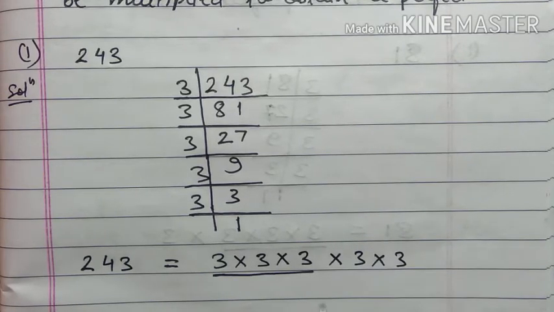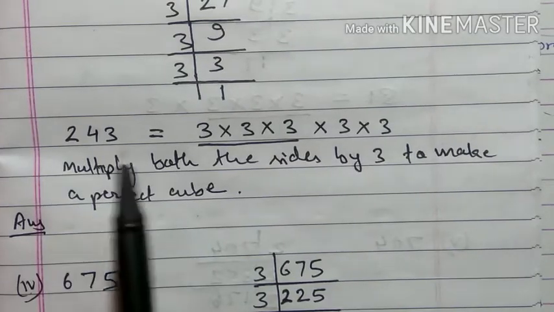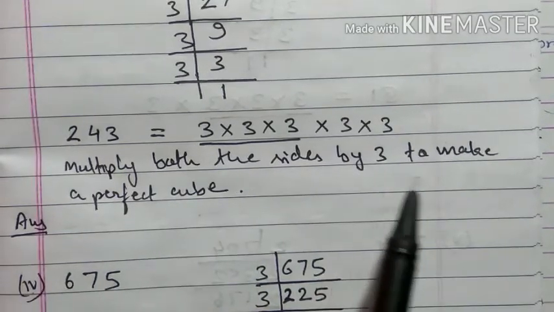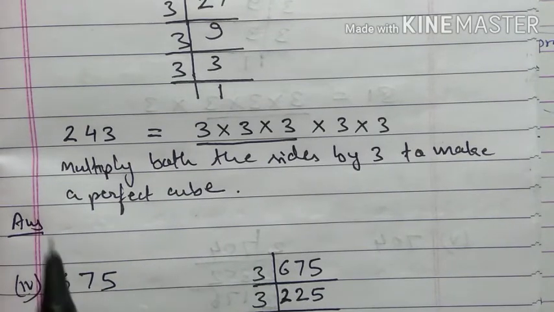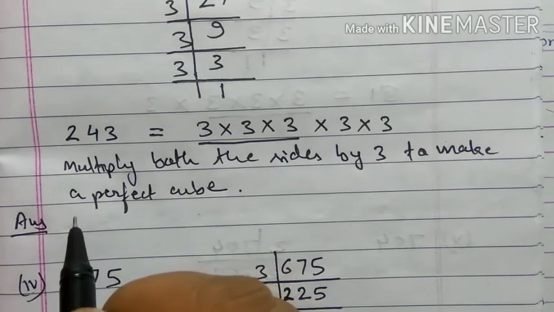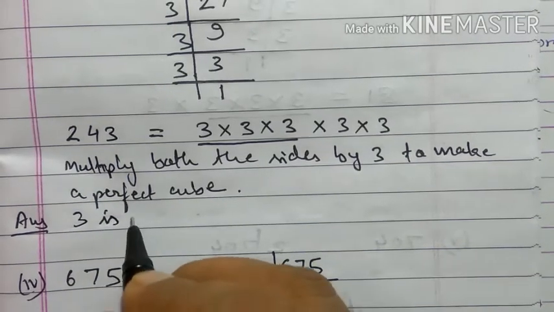Since one triplet of 3 is made, two 3's are left, so if we multiply both the sides by 3, we will get a perfect cube. So multiply both the sides by 3 to make a perfect cube. Okay, so in the answer we will write 3 is multiplied to the number.